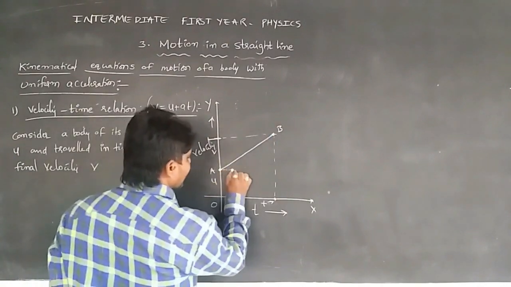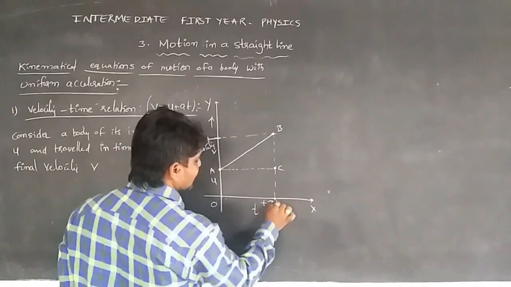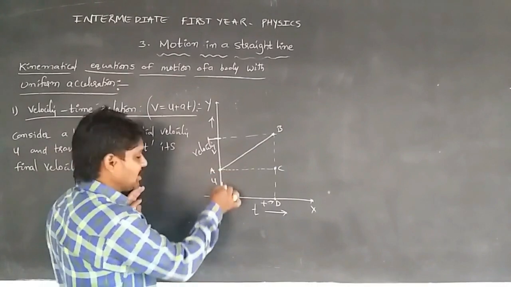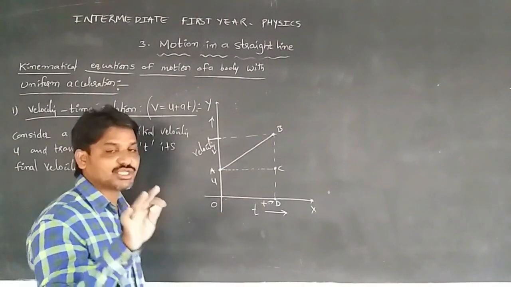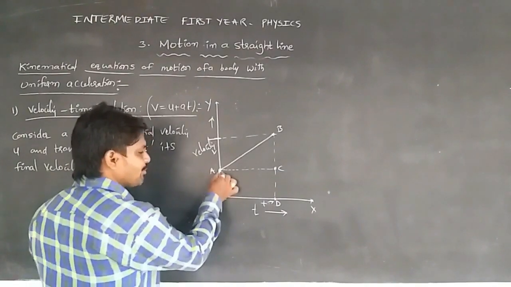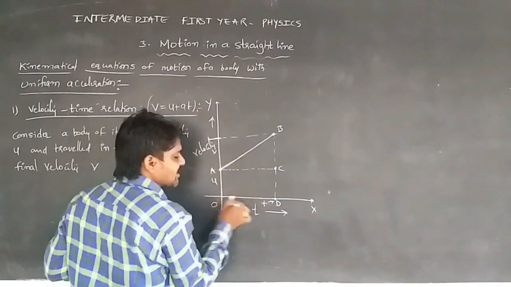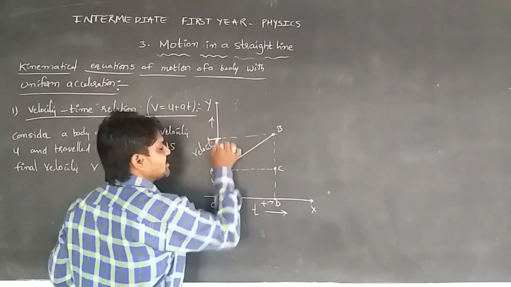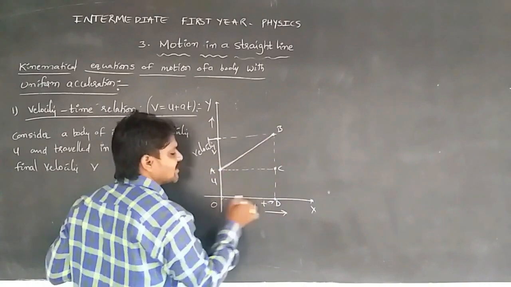I am drawing an imaginary line perpendicular to the base. The body has initial velocity u with uniform acceleration. Uniform acceleration means the body already has some initial velocity u and travels with time, and the velocity keeps increasing with time.